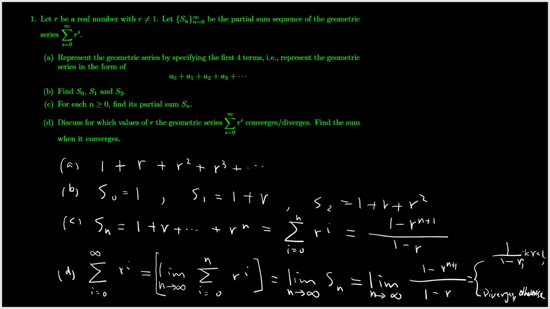By otherwise, I mean when the r value is 1, it's divergent. When the r value is -1, it's divergent. When the r value is any number outside -1 and 1, like 2, like -2, it diverges, right? There are many other cases. This covers many other cases. Okay.